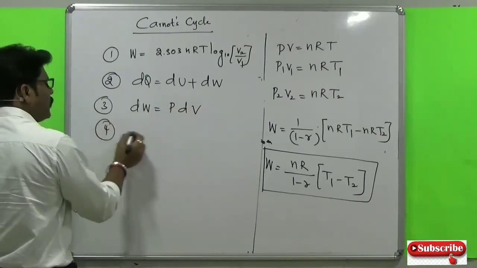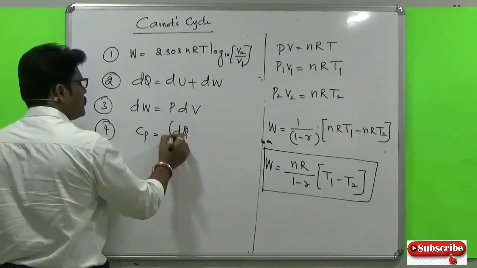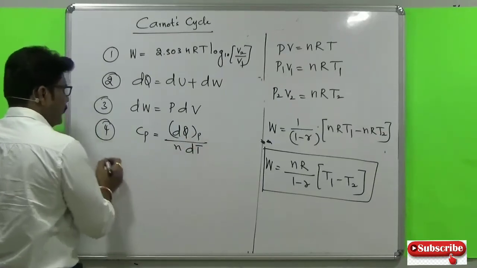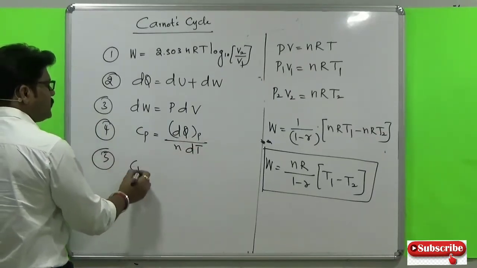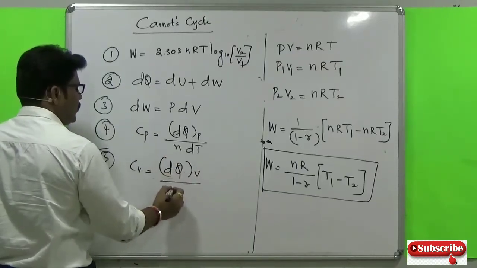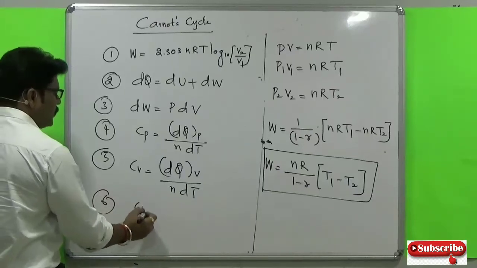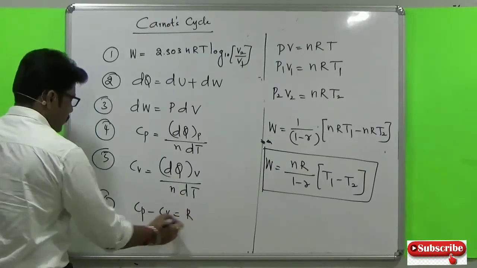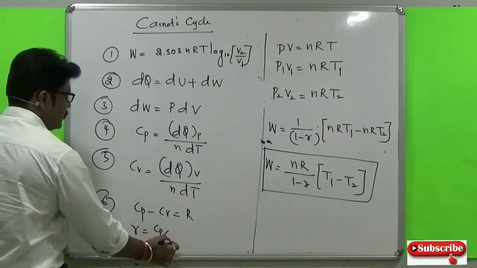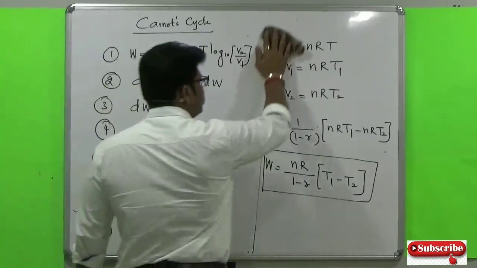Fourth one, what is the Cp? Equals to dq at a constant pressure by n into dt. Fifth one, Cv is equals to dq at a constant volume by n into dt. Sixth one, Cp minus Cv is equals to R. Seventh one, gamma is equals to Cp by Cv.